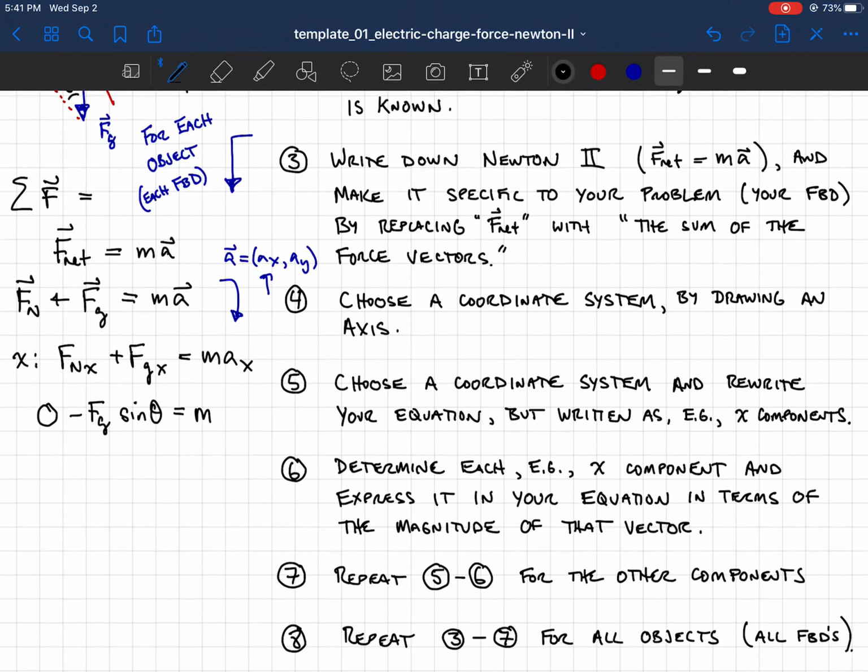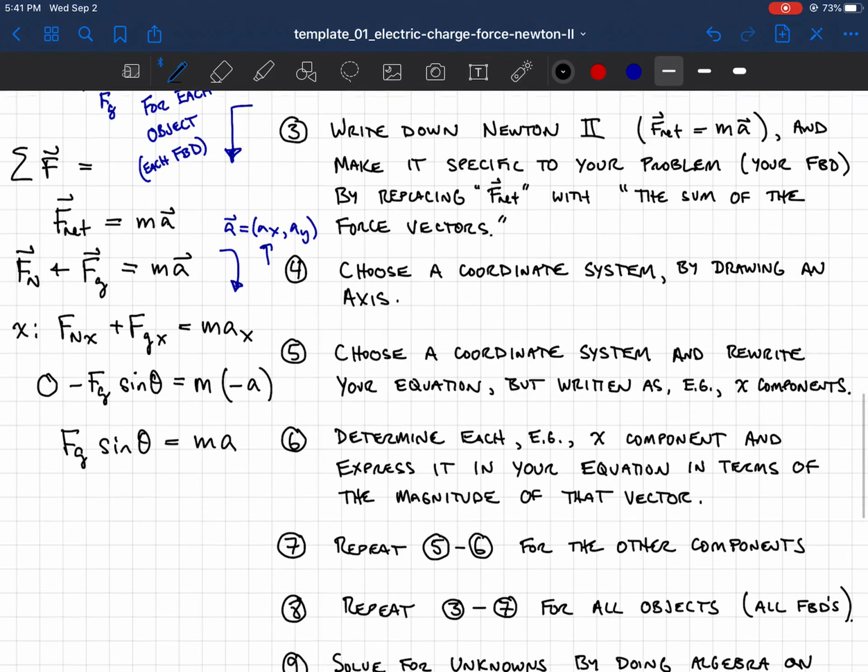So ax, the x component, is just minus the magnitude of the acceleration. And we might just rewrite this equation to make it look a little simpler as magnitude Fg sine theta is equal to ma by multiplying both sides by -1.